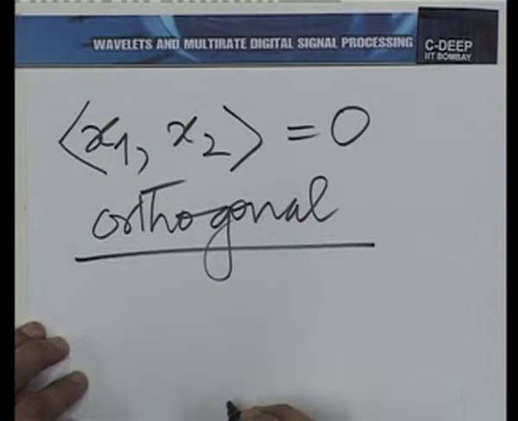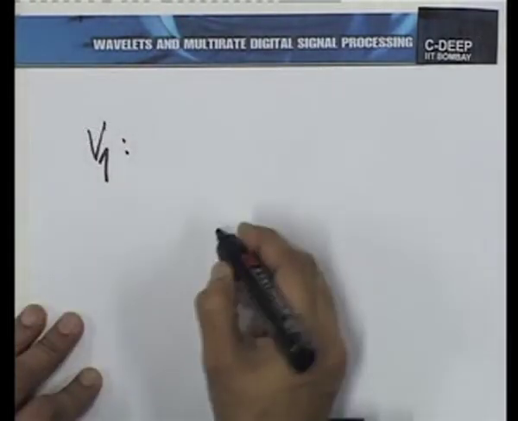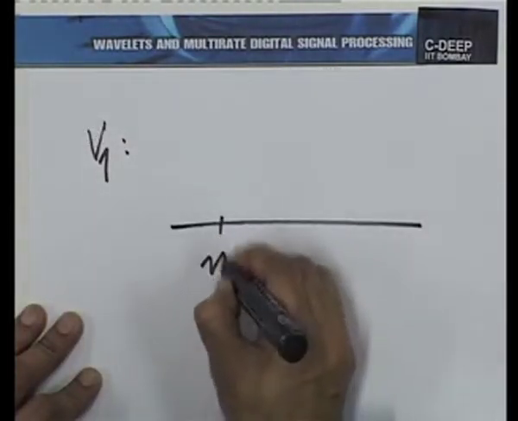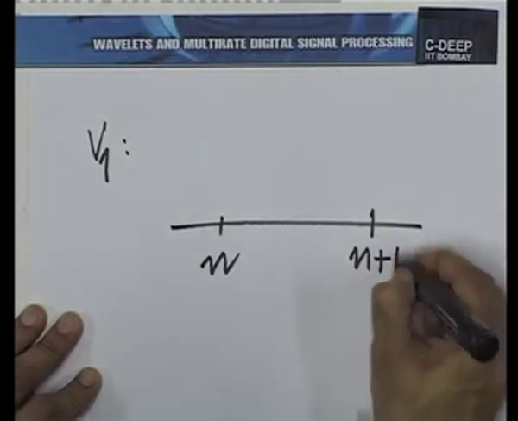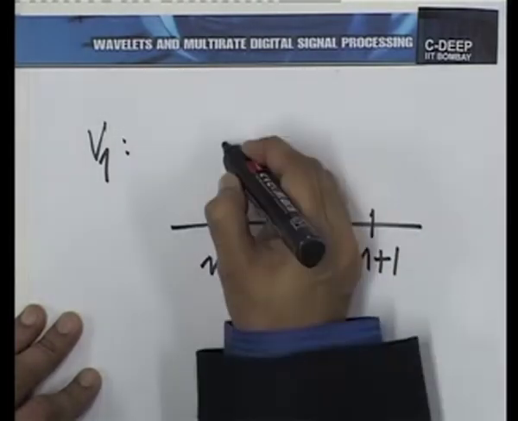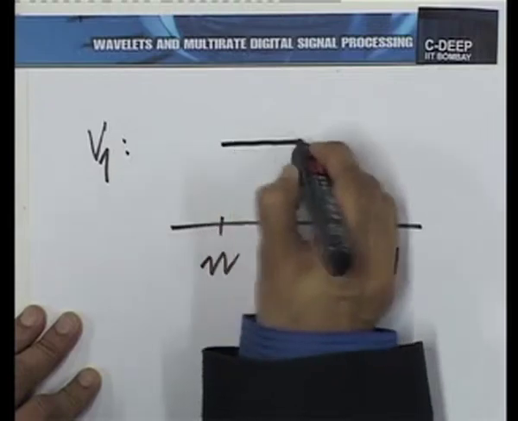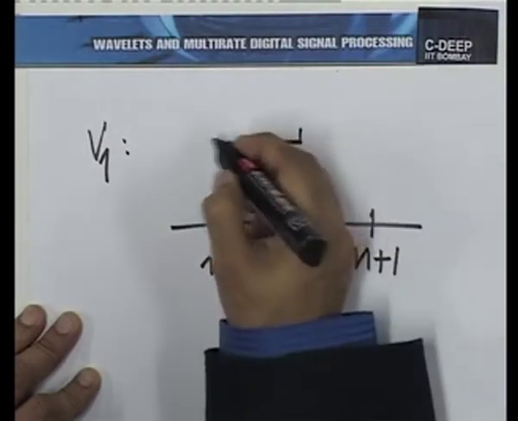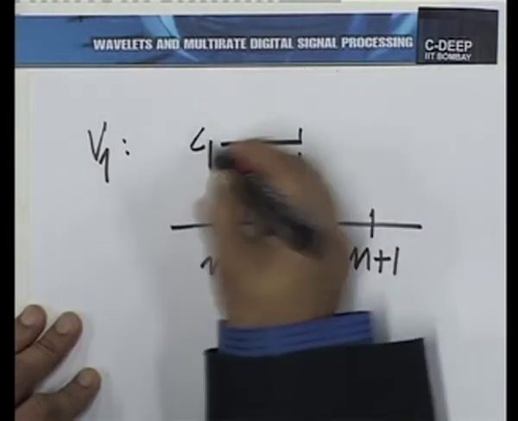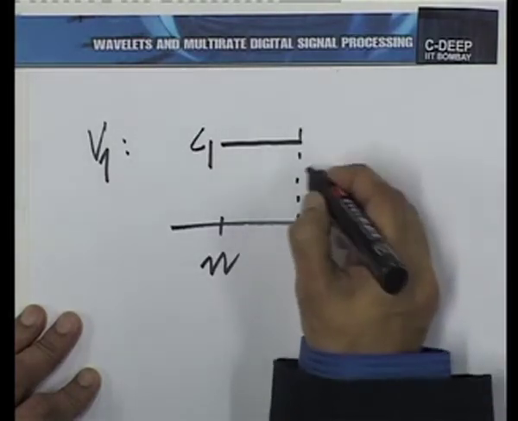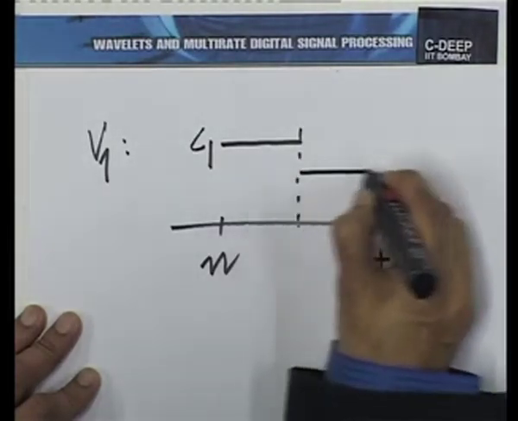What is more, take any particular function in V1 now. So, let us take the function, let us say, again focus on any one particular interval, a function in V1. Let us take the interval n to n plus 1, and let the function have the value, let us say C1 for the first half interval and C2 for the second half.